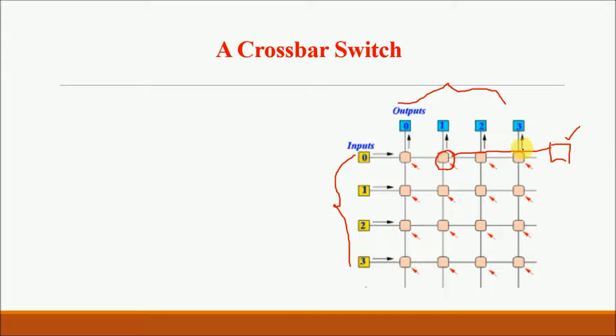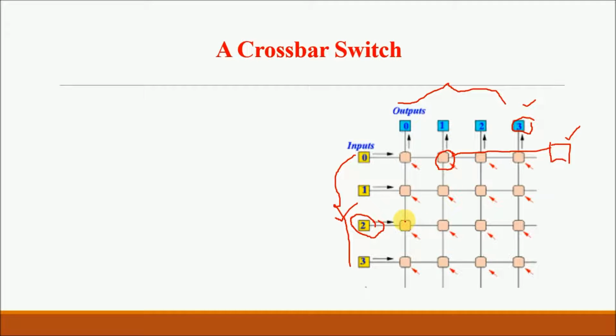That means using some control signals these gates will be turned on and off. Suppose you want to communicate from input station 2 to output station 3.